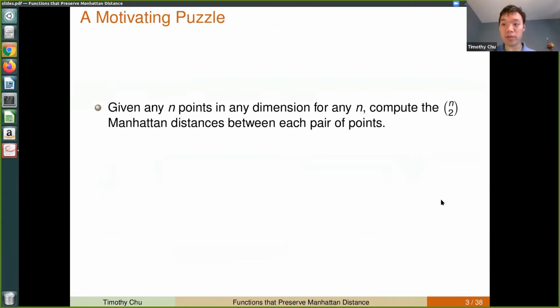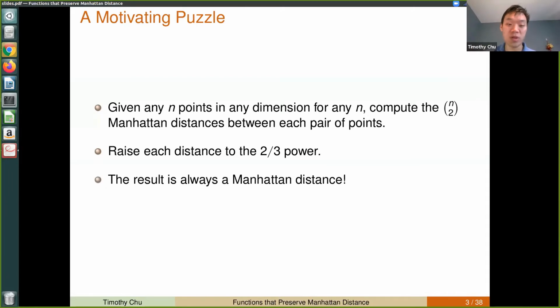The core motivating puzzle that our talk will focus on is the following. Given any n points in any dimension, for any n, let's say you compute the n choose 2 Manhattan distances between each pair of points. Next, you're going to do something crazy, like raise them all to the 2/3 power, or really any power between 0 and 1 can work.